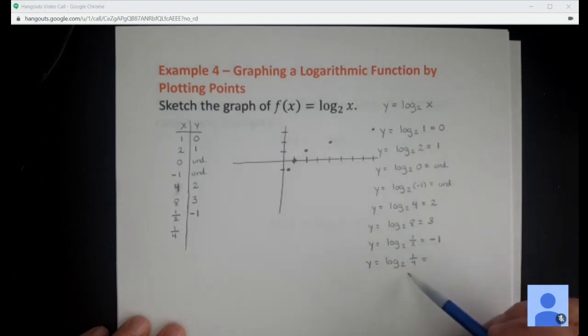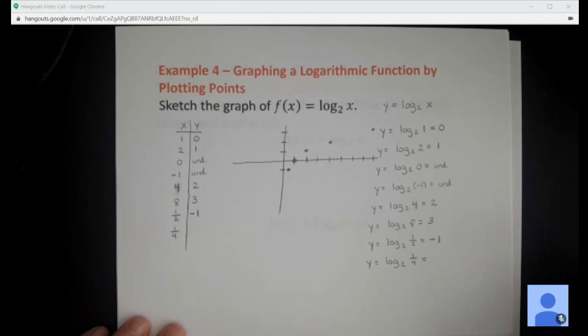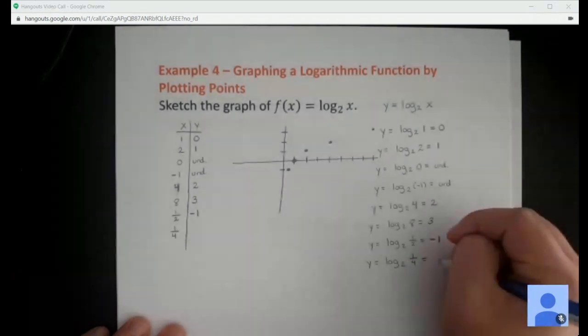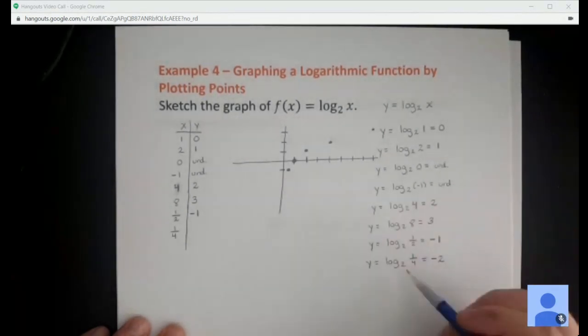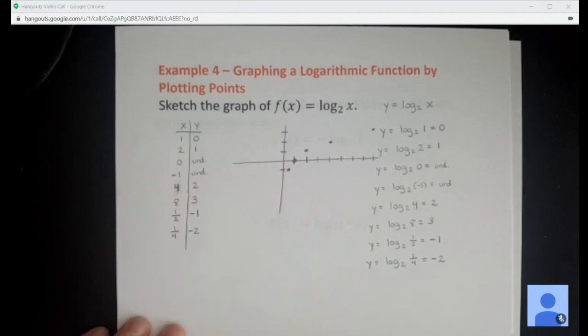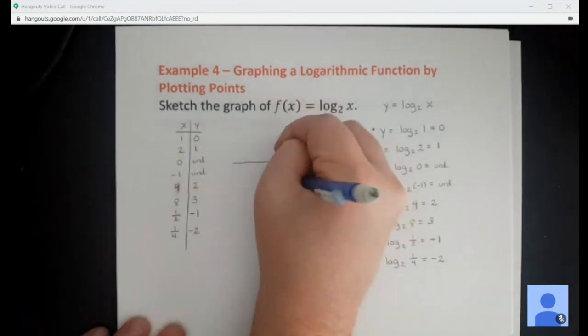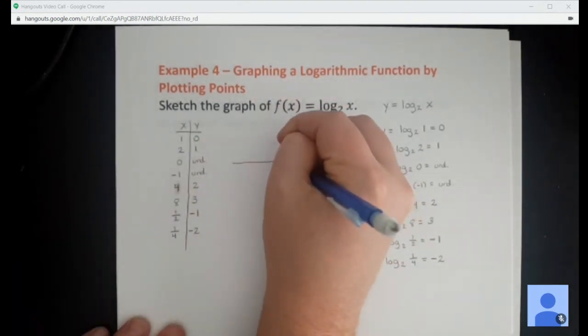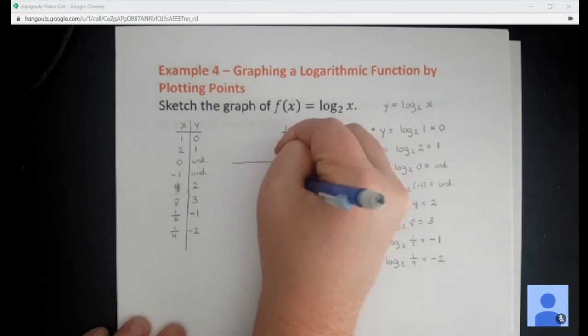We're saying 2 to what power would give us 1/4? Good, -2. Because 2 squared would be 4, but because it's negative, we move it to the denominator. So that gives us 1/4. So this value here would be a -2. So now we know there's also a point at 1/4, getting even closer to the y-axis, and then down here at -2.